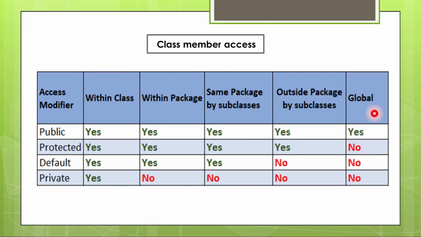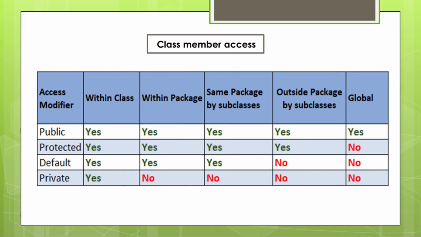Since this person is completely outside without any relation, if you set it as protected, no. That person cannot access that property. If you did not set any access modifier, still that person cannot access it. If you set it as private, 100%, 200% it is no. How can a person completely outside without any relation access your private property? Impossible. Done, guys. This table really confuses everybody, and we need to remember it.